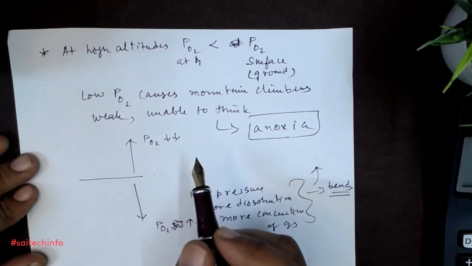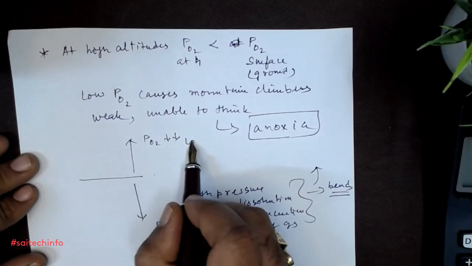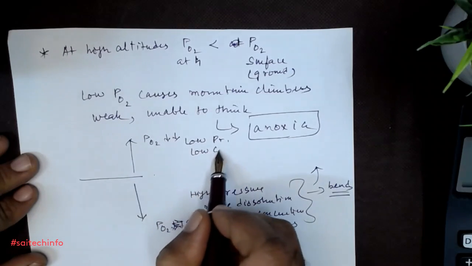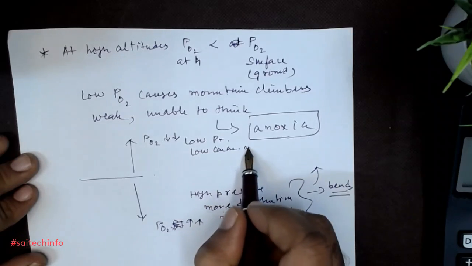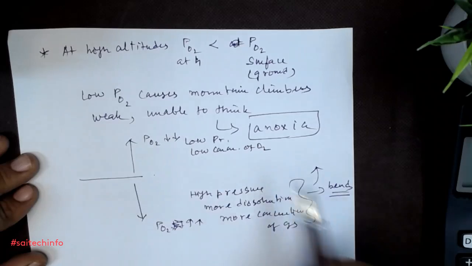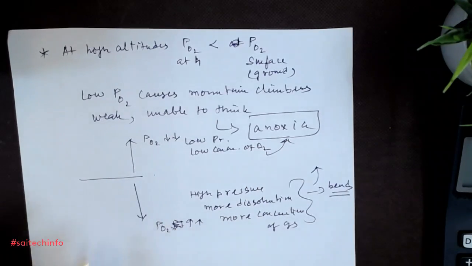So here low pressure, low concentration of oxygen, so they become weak and it causes anoxia. Okay.